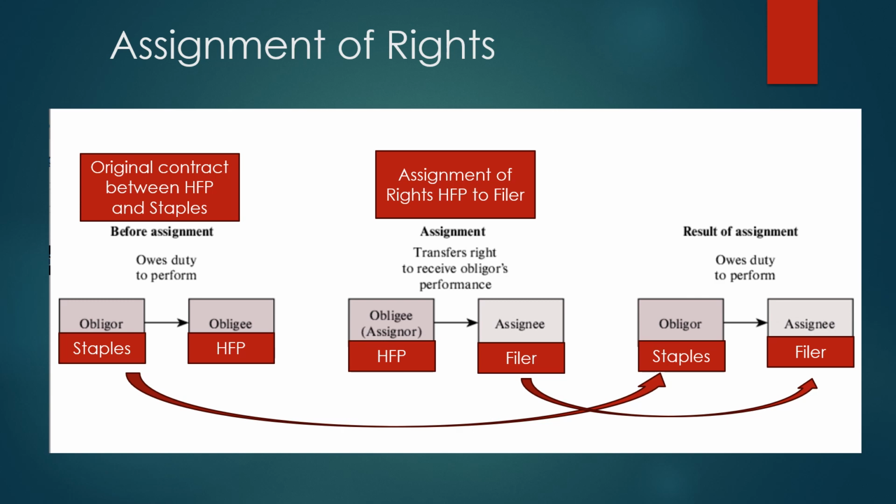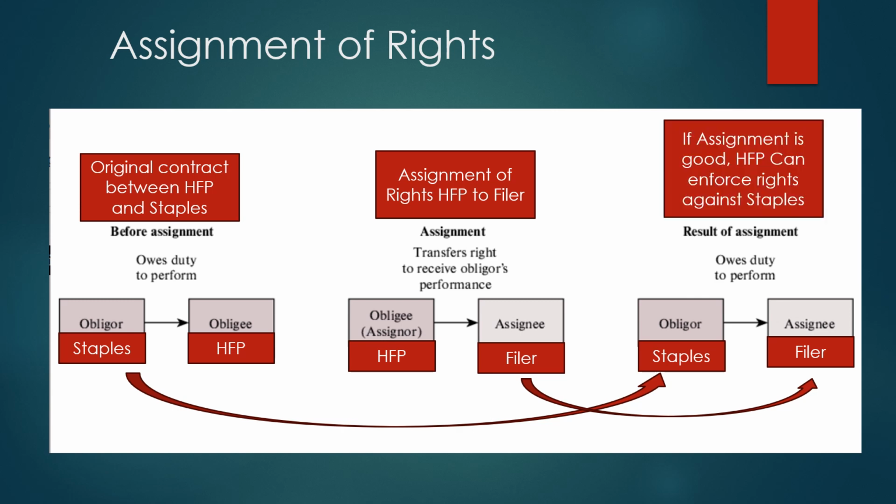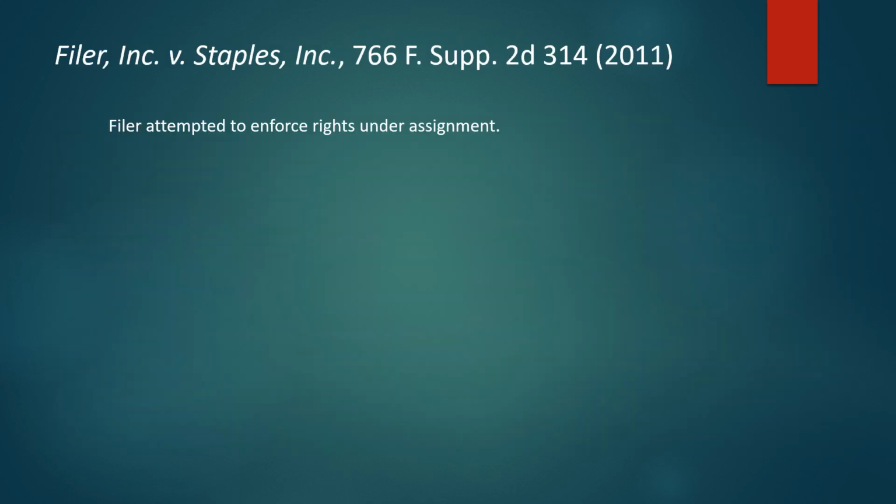If you're an assignee of a contract, basically, if you're supposed to receive benefits of a contract, you can enforce that and say, hey, I should be receiving these benefits. So what does Filer do? Filer sues. So if the assignment is good, Filer can enforce the rights against Staples, okay? Because Filer is the one that now has the benefit.